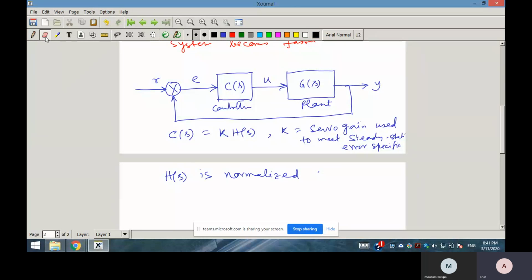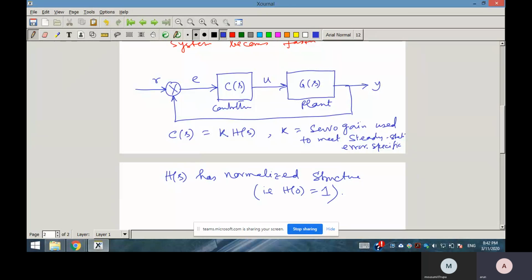H(s) has a normalized structure. It is a dynamical controller, but it has a normalized structure, that is H(0) is equal to 1. So we will be designing H(s). The overall controller design will have two steps.